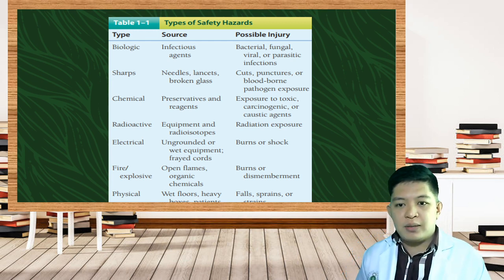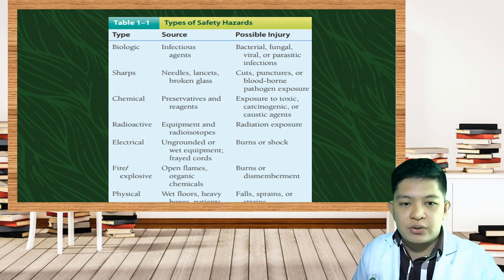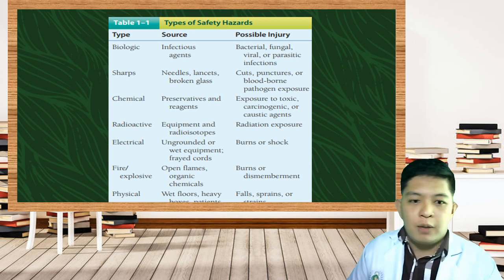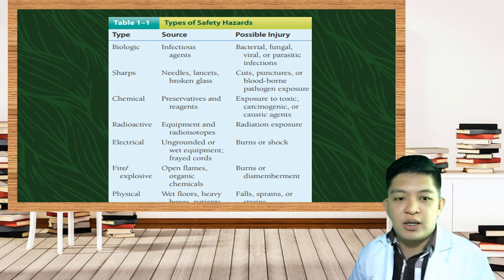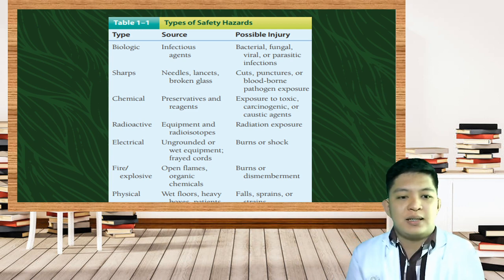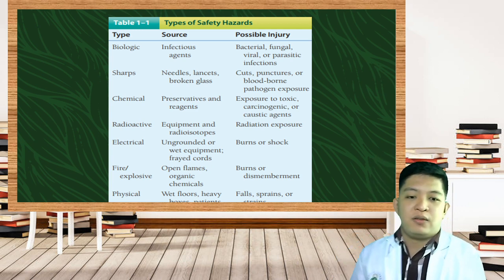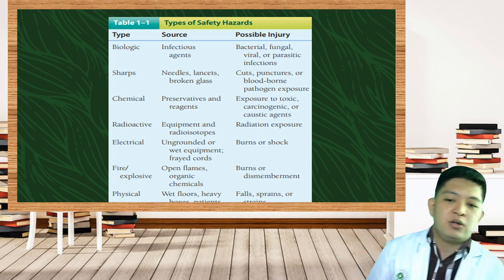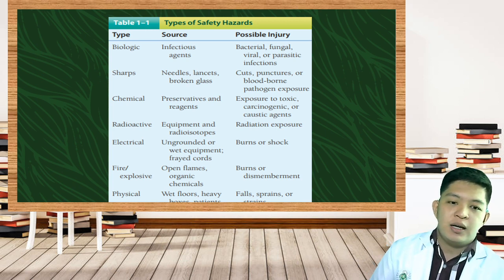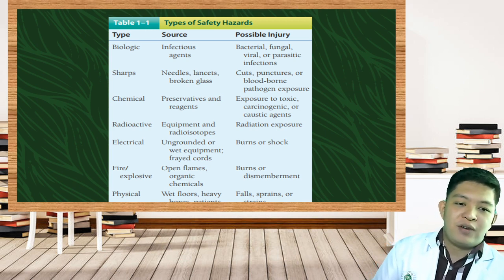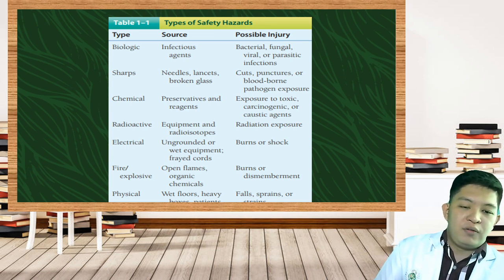When we say biologic hazards, the main source is infectious agents. An infectious agent deals with microorganisms such as bacteria, fungi, viruses, and parasites. Remember that those are our infectious agents.